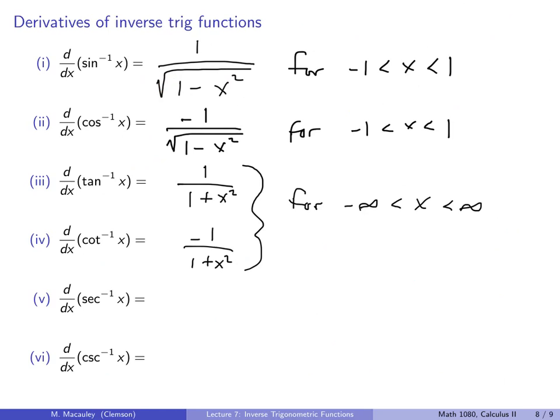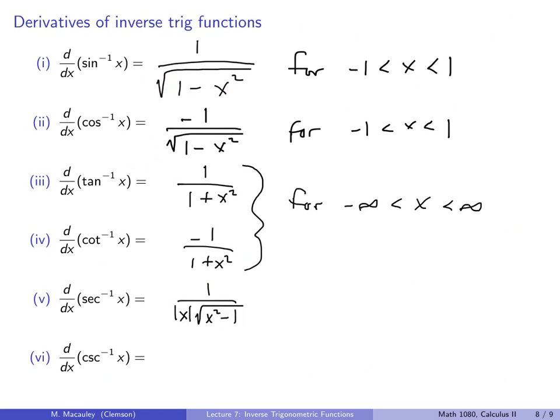Then the derivative of arcsecant is 1 over absolute value of x times square root of x squared minus 1. Notice this is not necessarily going to be differentiable everywhere. I would suspect that at x equals 0 there's going to be some corner issue happening here.